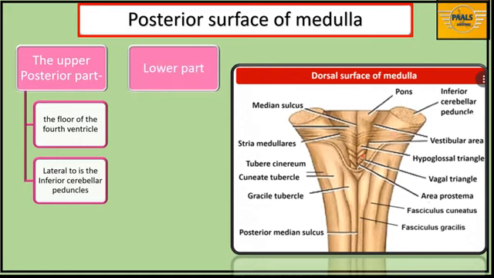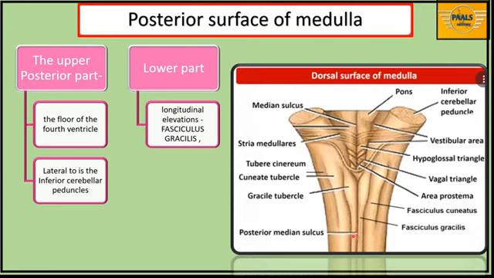In this lower part, we'll start from the most distal part. Here is the posteromedian sulcus. Now adjacent to the posteromedian sulcus is a longitudinal elevation. This elevation is called the fasciculus gracilis.